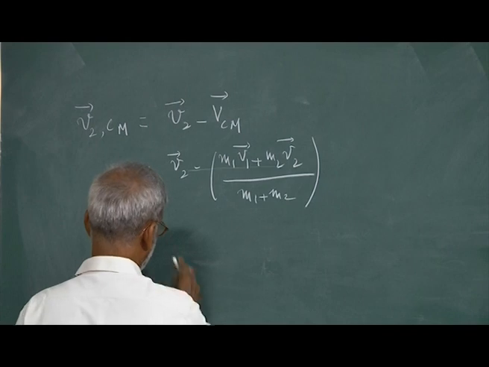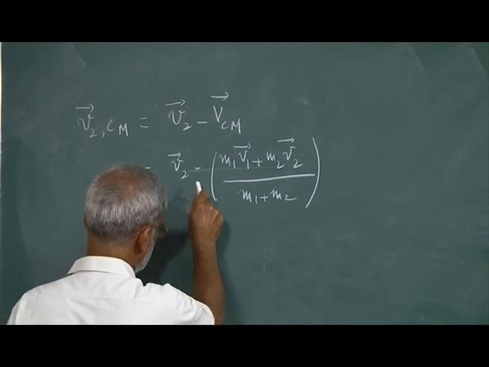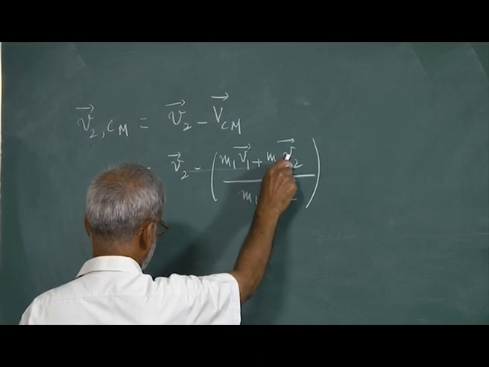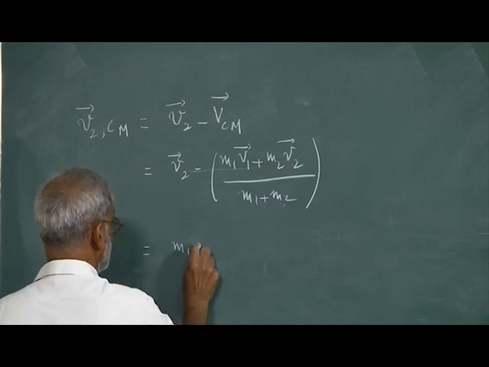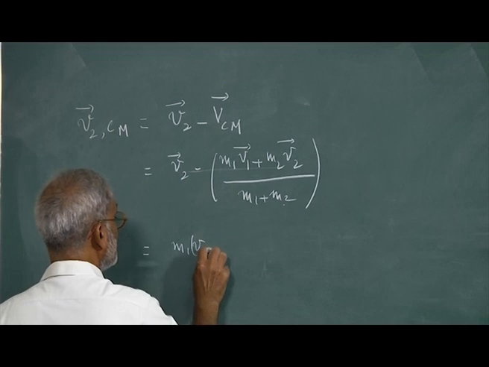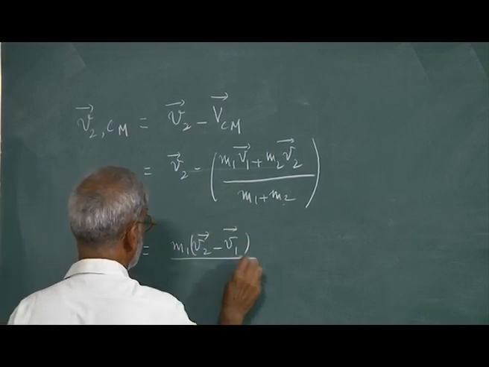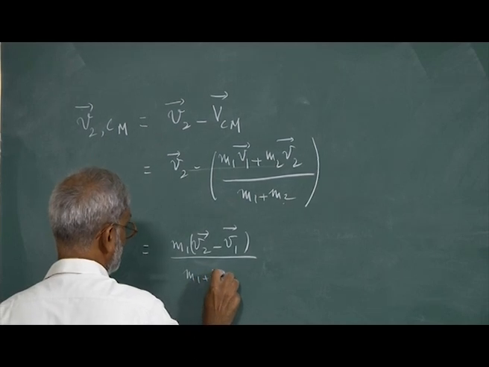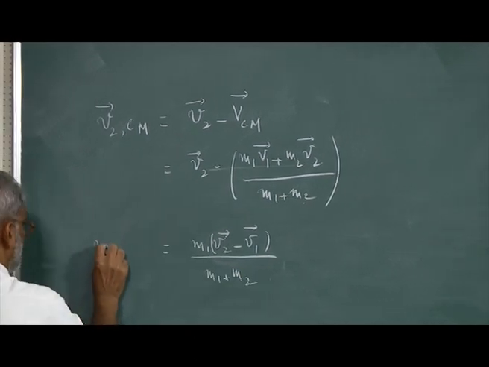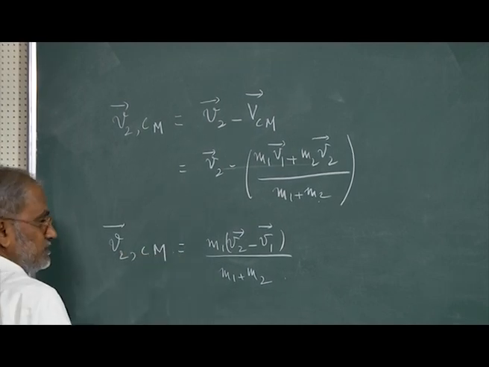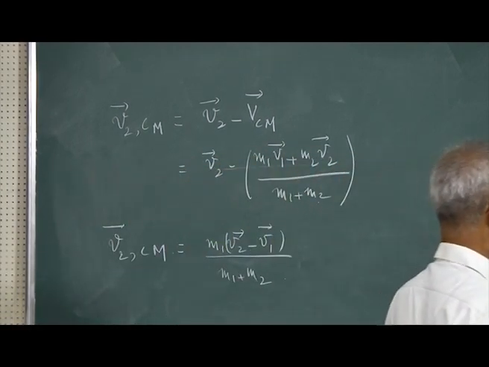So, I know what I will get, m2 is going to get cancelled, I will have m1 into V2 minus V1, divided by m1 plus m2. This is the velocity of the second particle with respect to the center of mass, right.